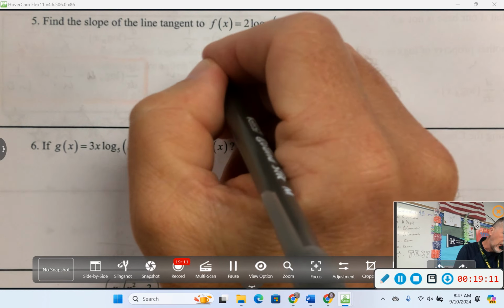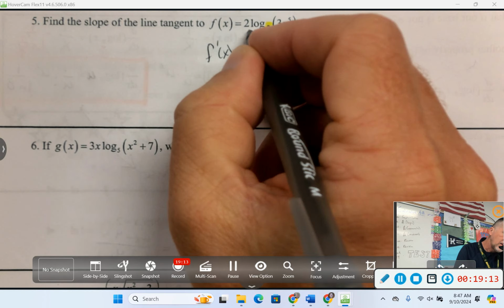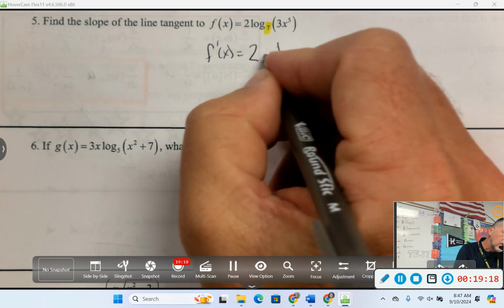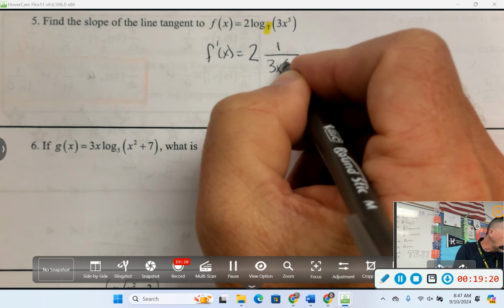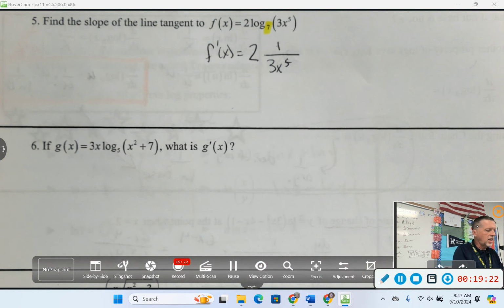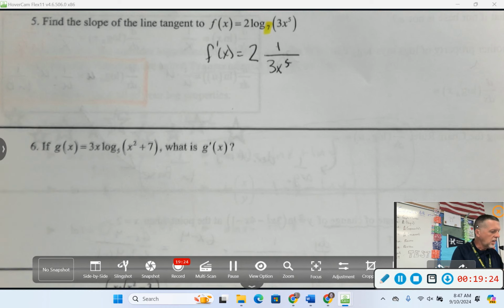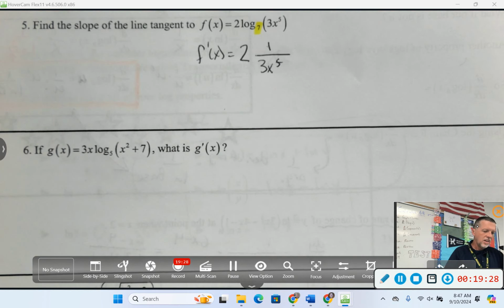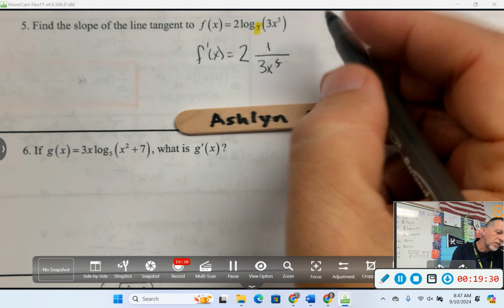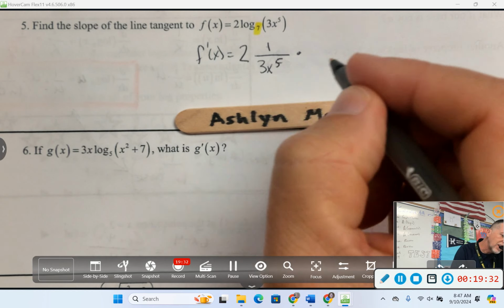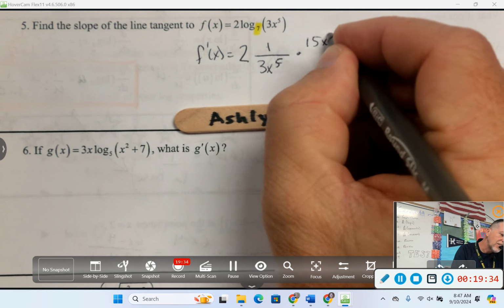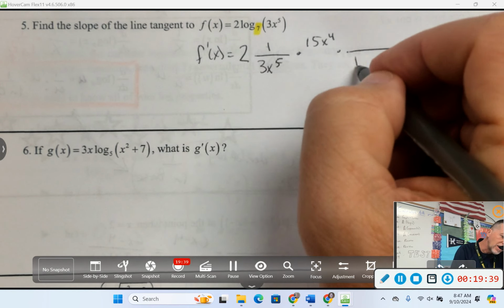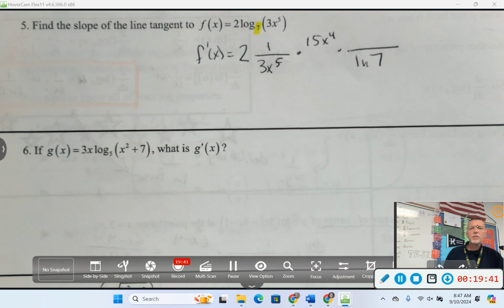So let's see, f prime of x. 2 is just going along for the ride. 1 over 3x to the 5th. Everybody's back on the draw side of things now. So, Ashlyn, what's the derivative of 3x to the 5th? 15x to the 4th. And then I need a natural log of 7 in the denominator.